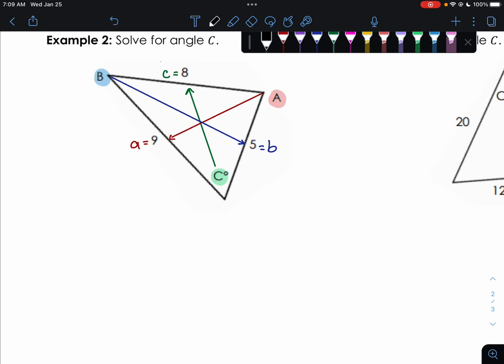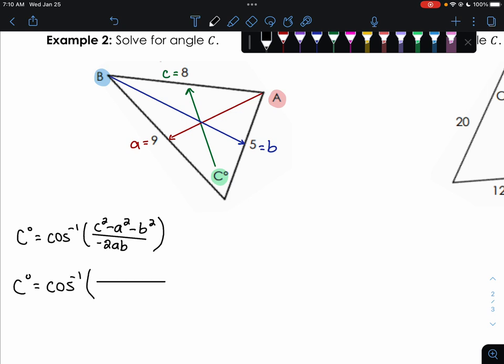So we have the formula: C is equal to cosine inverse of c squared minus a squared minus b squared all over negative 2ab. I'm going to plug in my information. So C is equal to cosine inverse of, and we plug in what we know.